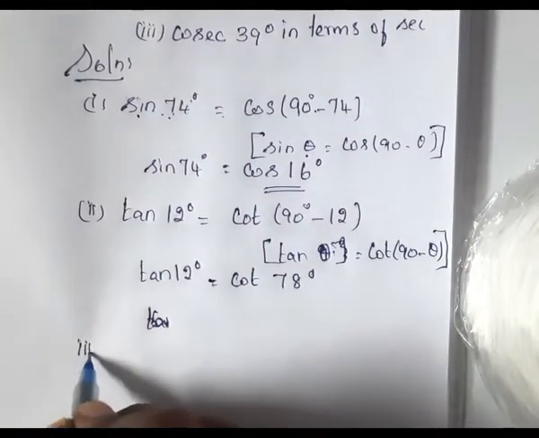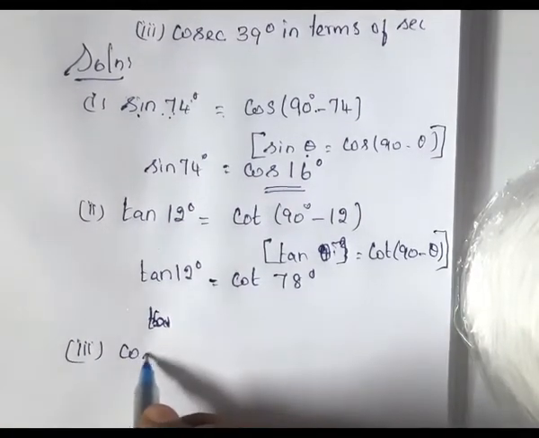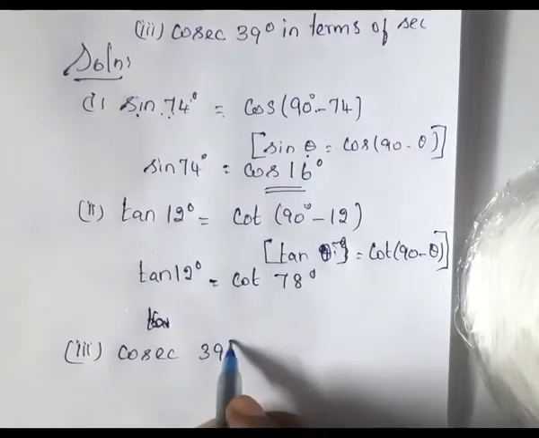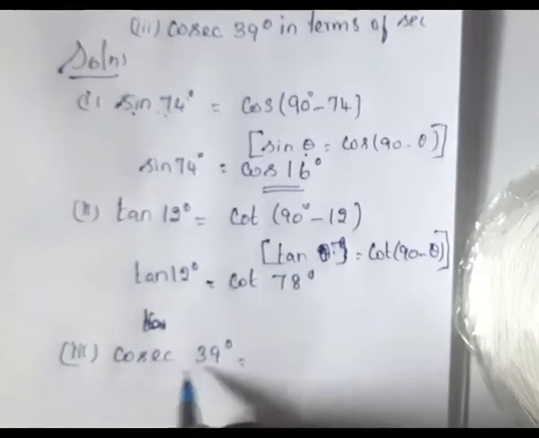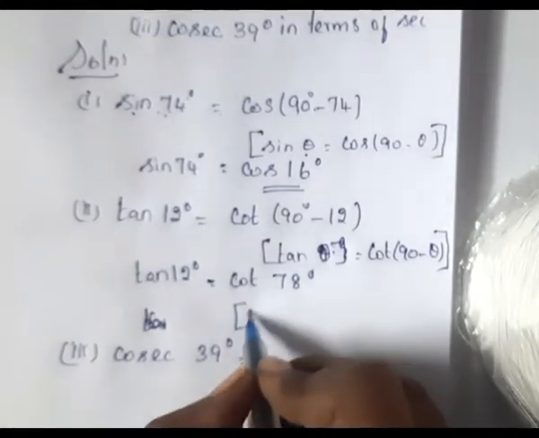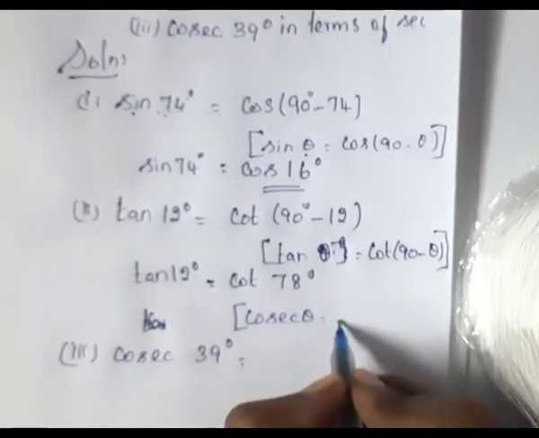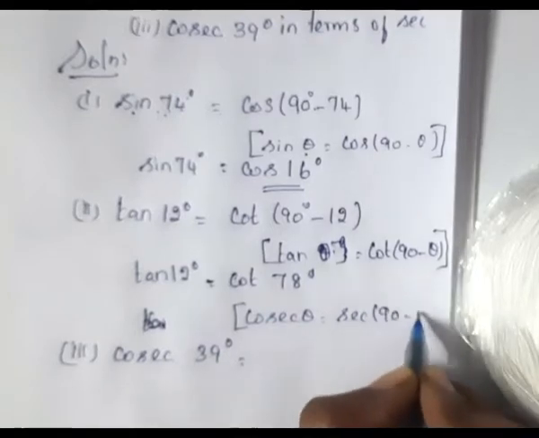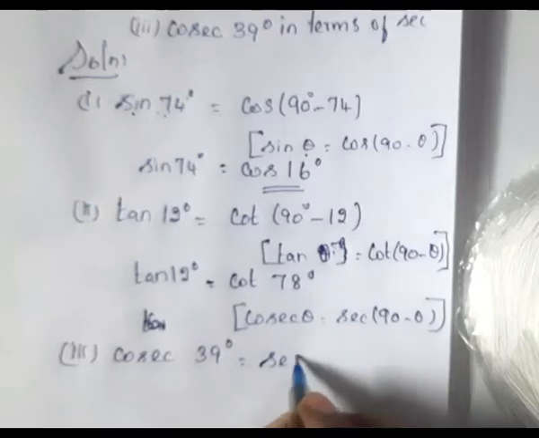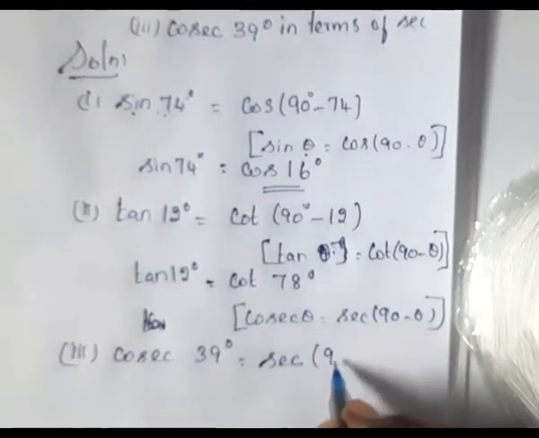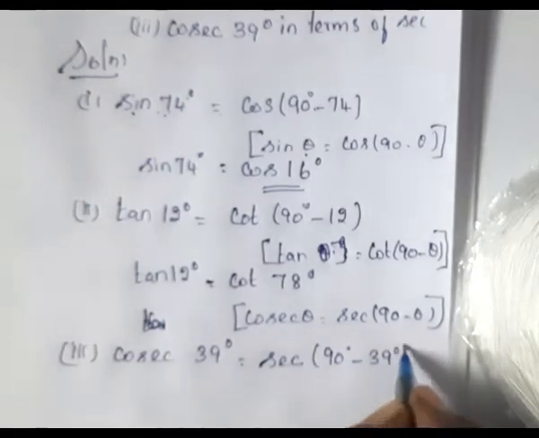Next one, third one, cosecant 39 degree. Cosecant in terms of secant. So cosecant theta, you know that cosecant theta equal to secant 90 minus theta. So cosecant 39 degree equal to secant 90 degree minus 39 degree.